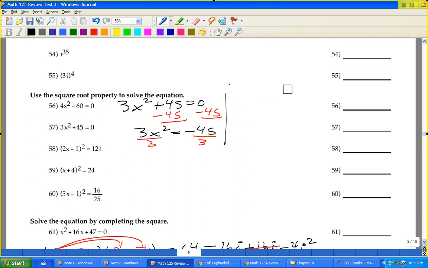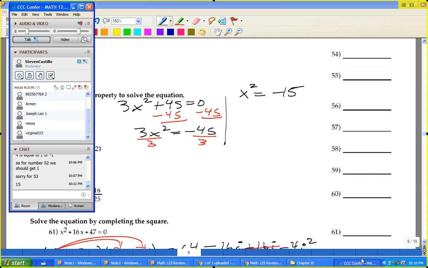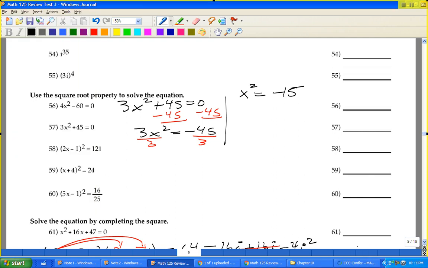And so x squared is equal to negative 45 divided by 3, which is negative 15. And so I can use the square root property.